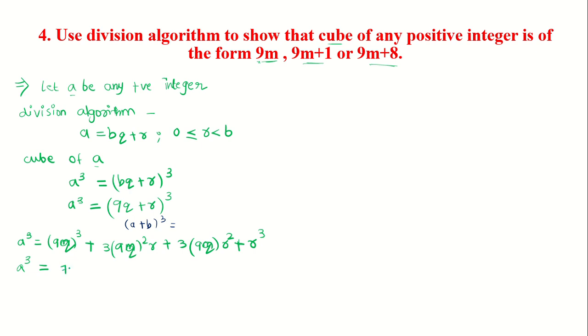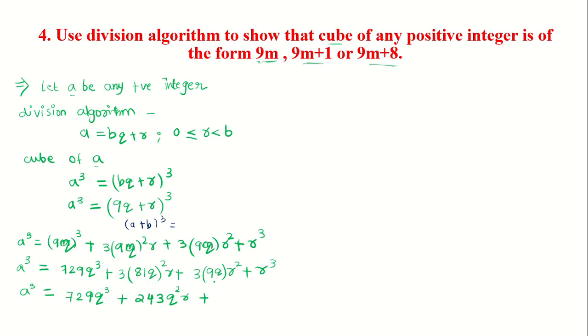Right, 729 q cube plus, here 3 into 9 square is 3 into 81, that is 243 q square r, plus 3 into 9 is 27 q r square plus r cube.